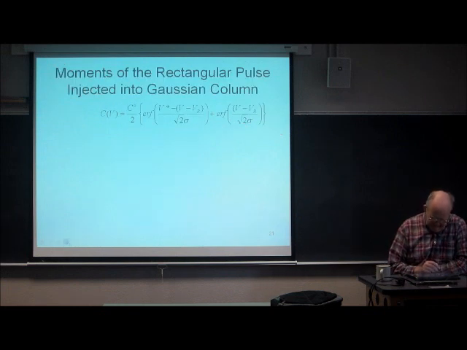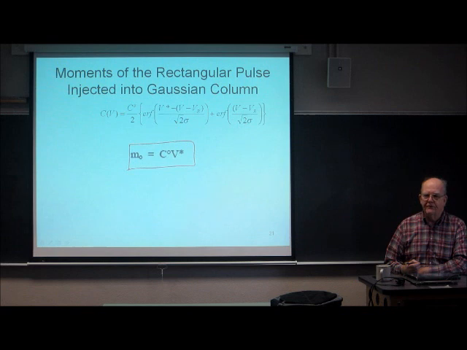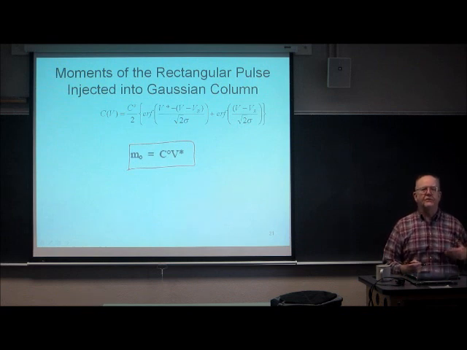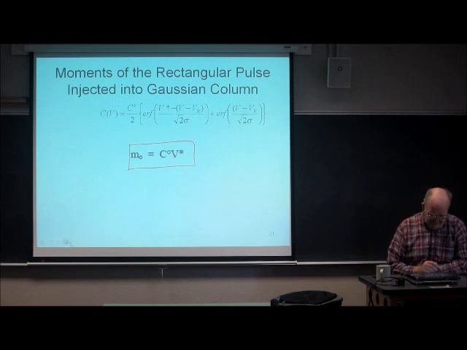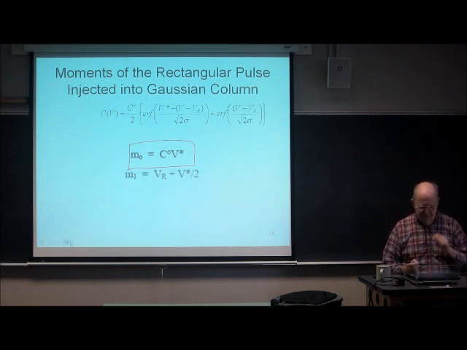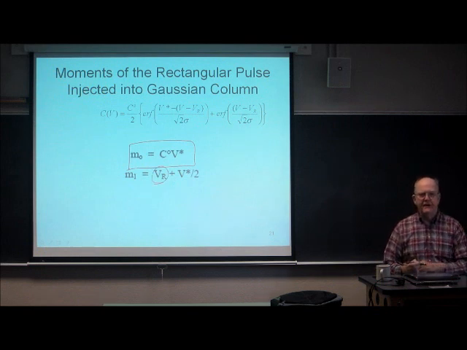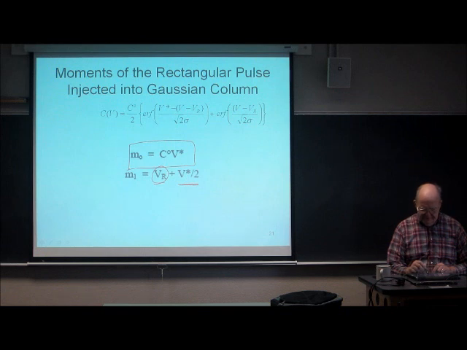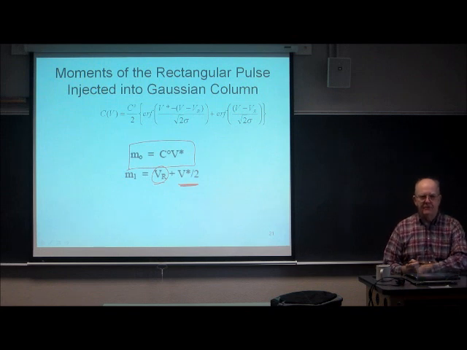This is the 0th moment, which is the area. It's equivalent to the total number of runners. This is the first moment, which in volume units would be equal to the retention volume of the Gaussian plus the 1/2 of the sample volume, assuming a rectangular pulse.